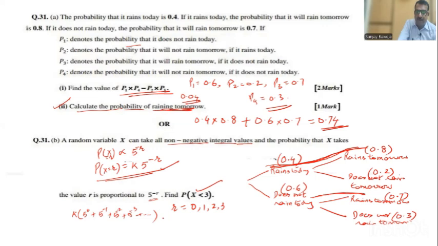It is an infinite GP, right? And the sum of all these probabilities is 1. So you apply the formula of infinite GP and you will get the value of k, right? Whatever the value of k, substitute it in this equation, and then you put r equal to 0, 1, 2, and you'll get the answer.